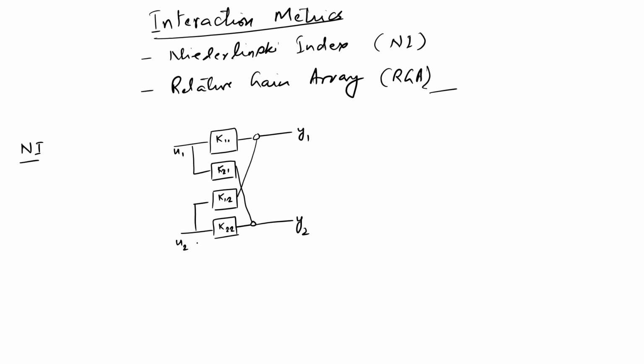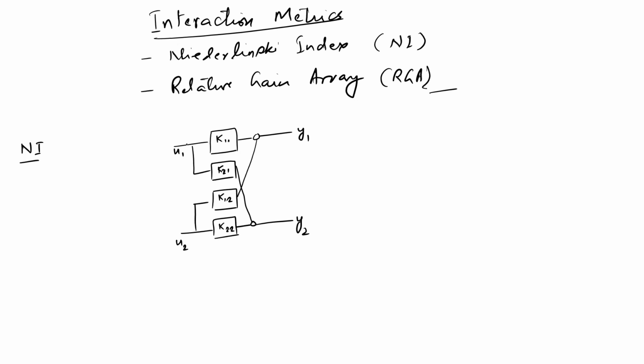Now because U1 has been changed, Y2 changes because of the interaction here. Because Y2 has moved away from set point, the operator changes U2 appropriately so that Y2 ends up at set point. But now because U2 has been changed, it has an effect on Y1, so you can make another change in U1, and you keep doing it again and again until the process ends up at a steady state.